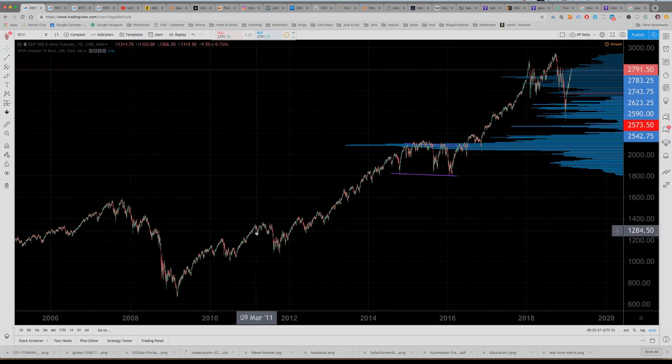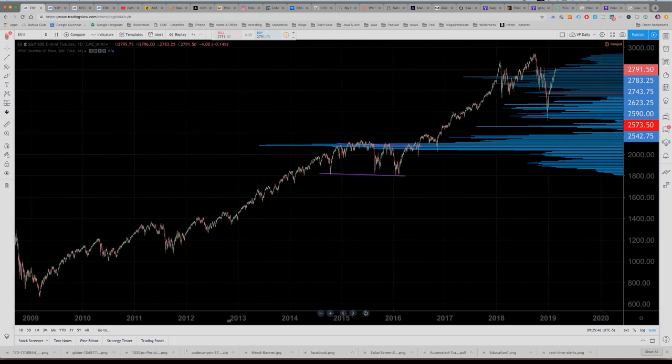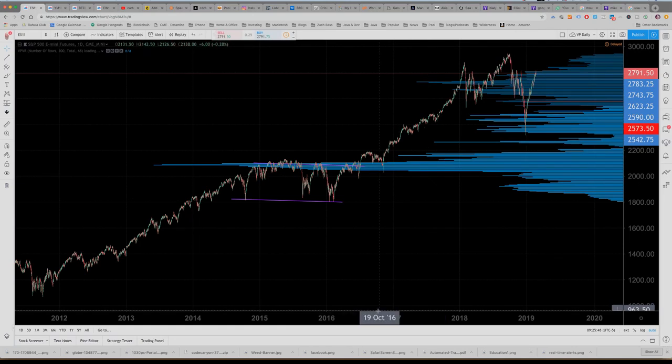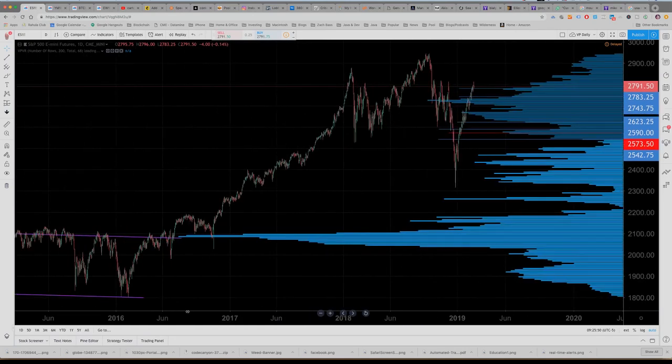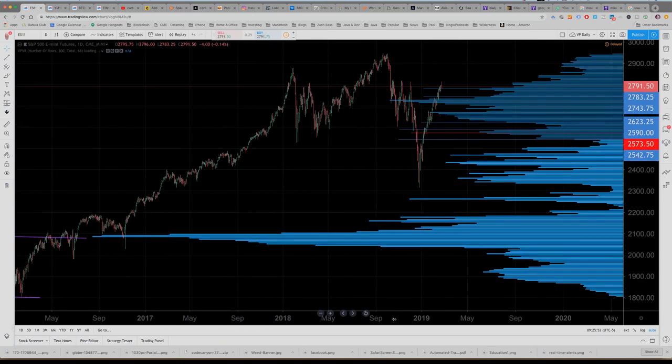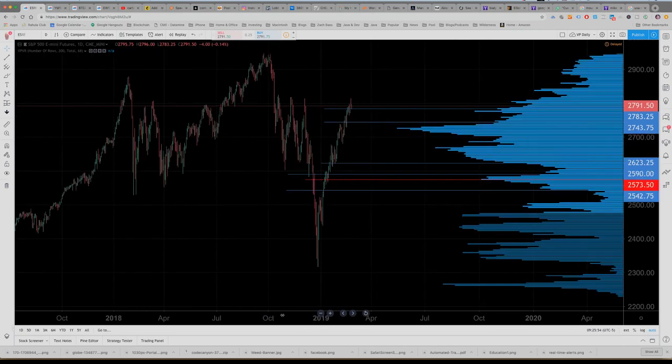Long-term, this market is bullish since 2008. There's no other way to characterize this but as a bullish market. If I were to look at it from a medium-term view, maybe medium-term might be over the past year.